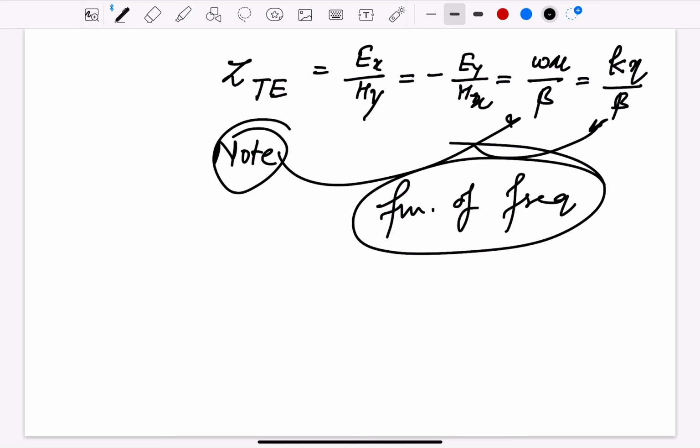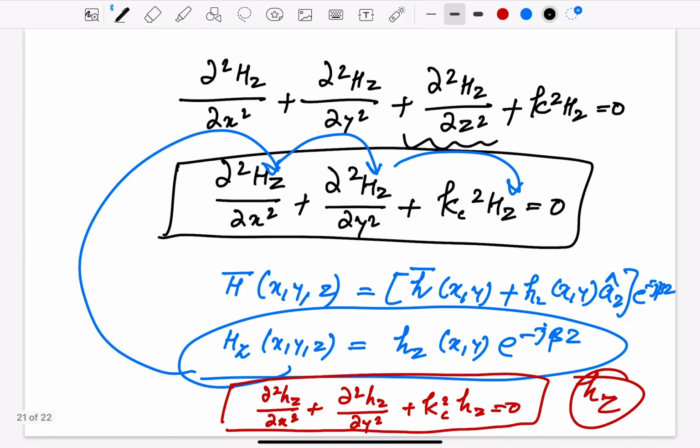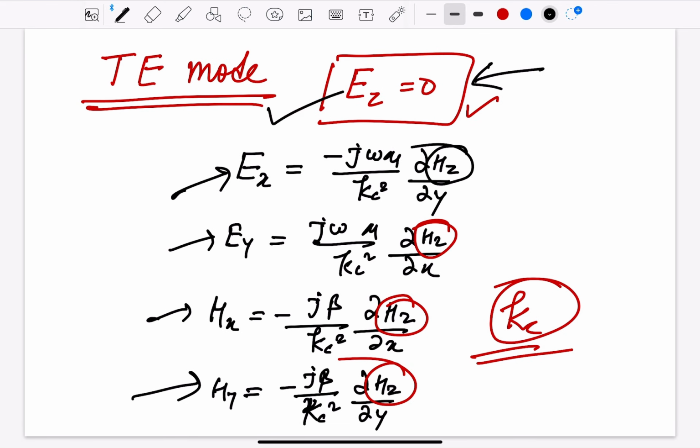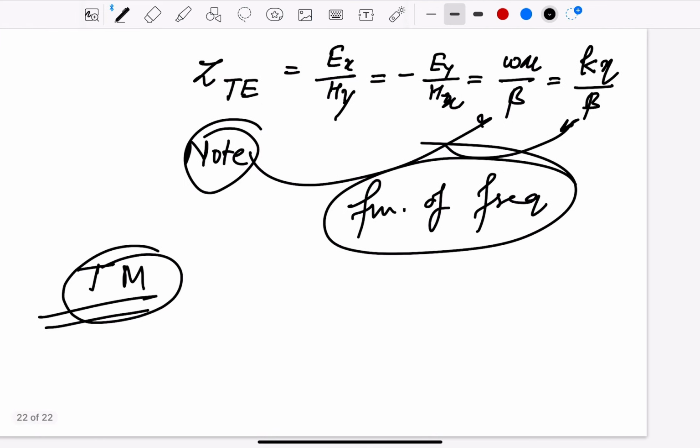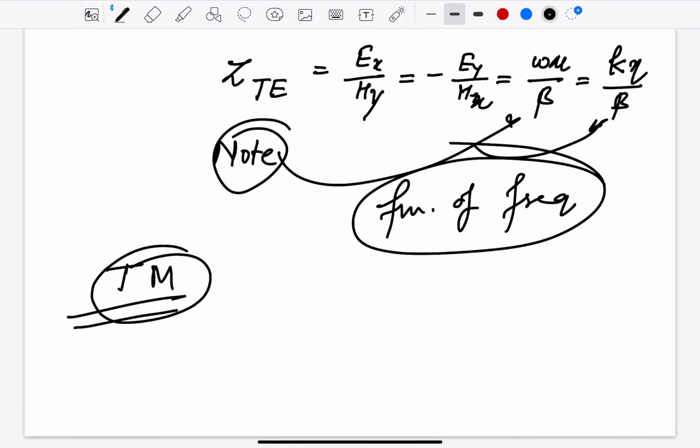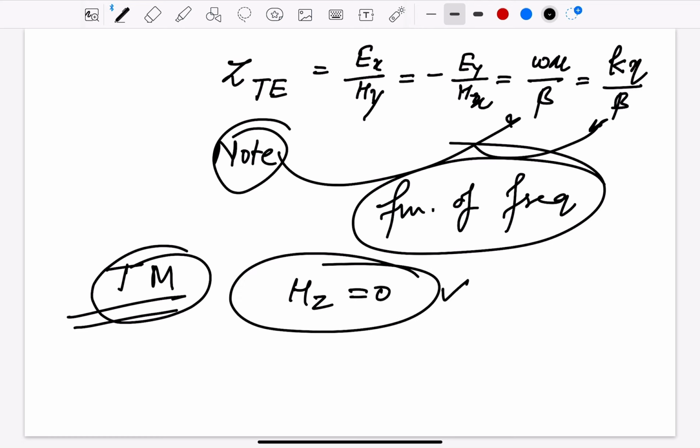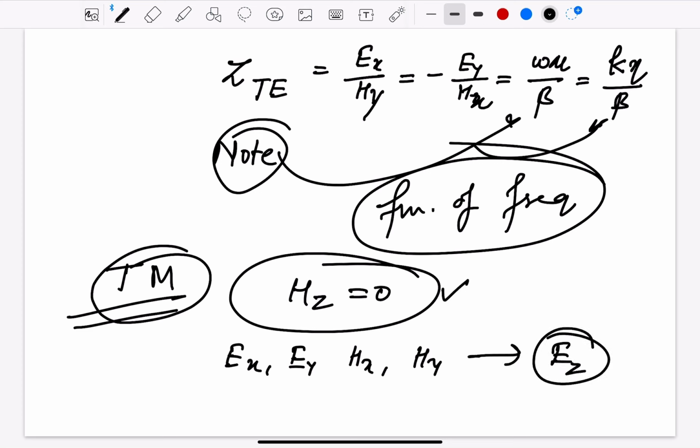In a similar way, you can define the TM mode also. Like we defined the TE mode by considering Hz equal to 0, defining the TM mode is quite similar, with Ez equal to 0. Now you are supposed to write Ex, Ey, Hx and Hy in terms of Ez, and similarly frame the differential equation in terms of Ez.